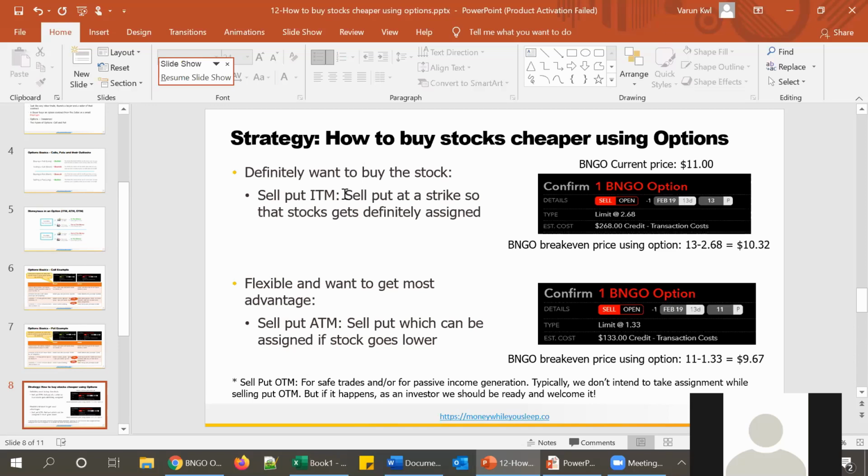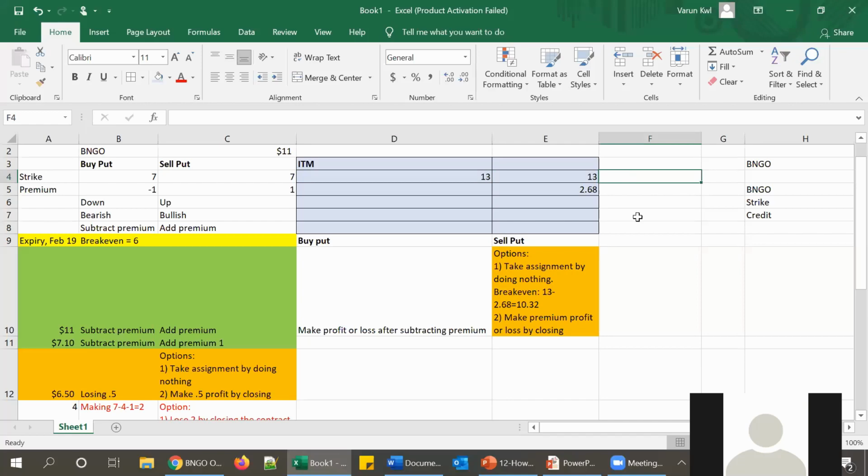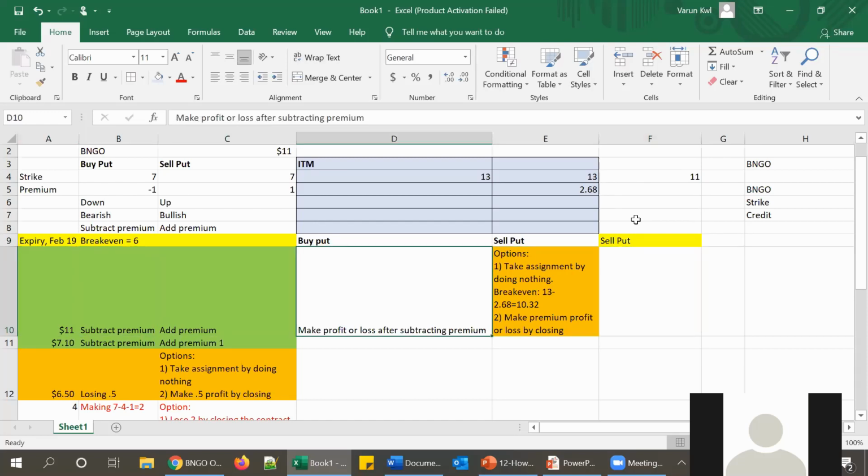Then you should sell put at the money. Why? Because at the money gives you the best break-even prices. So if I sell put at 11 itself, I am a seller only, and the break-even is $11.